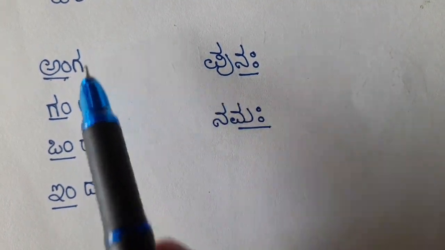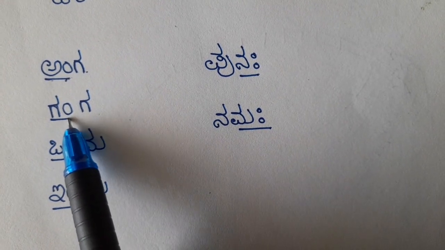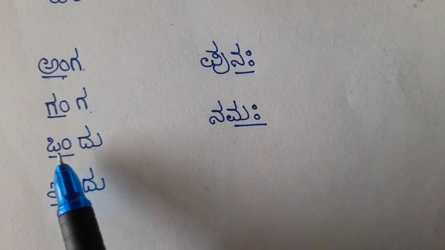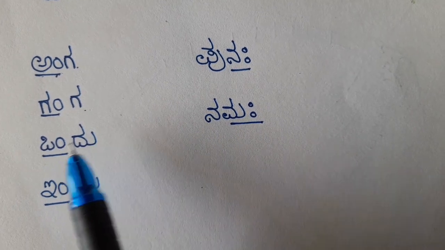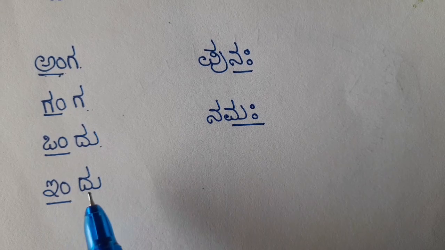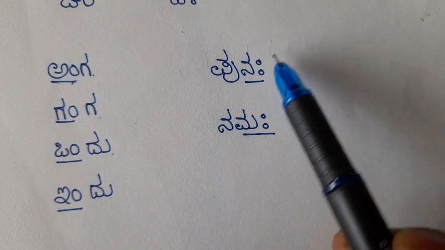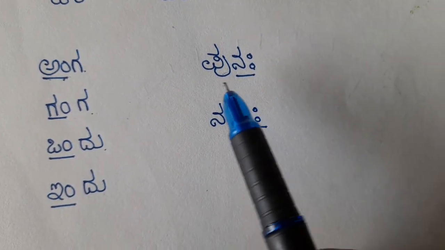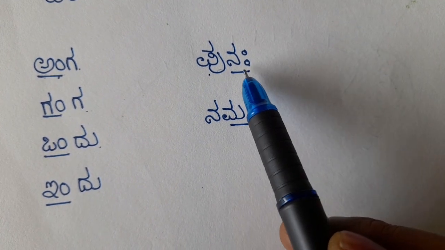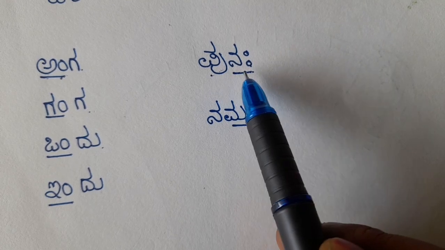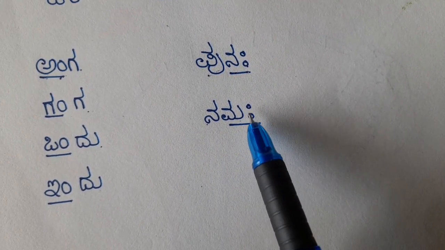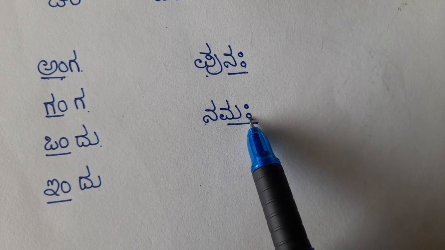Then anga, g and 0, gam, ga. O and 0, e and 0. Visargas, how do you read Visarga? When we form the words pu and naha, punaha. Na and maha, namaha.